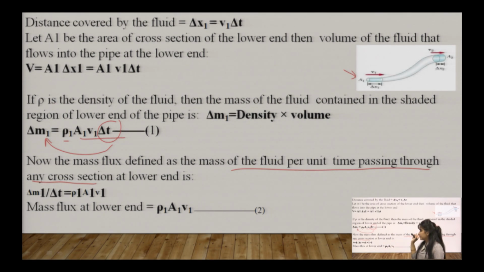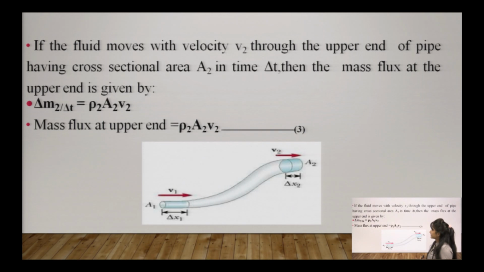So, at the lower one, with density rho 1, cross sectional area A1 and velocity V1 at that cross section, the mass flux will be rho 1 A1 V1. This was the rate of mass, or mass flux, at the lower end of the pipe.